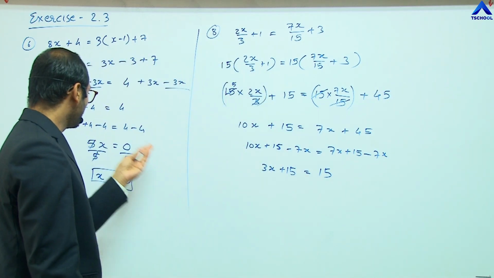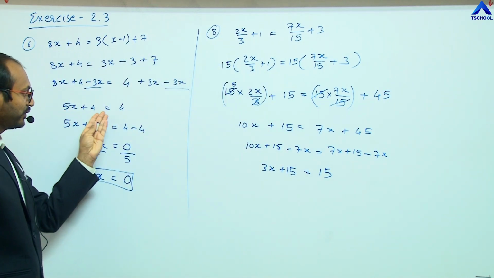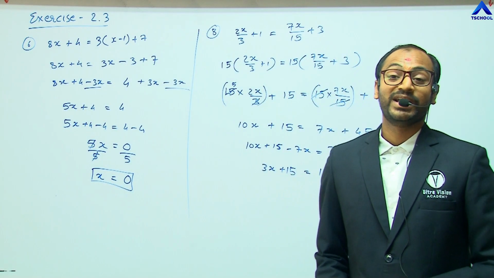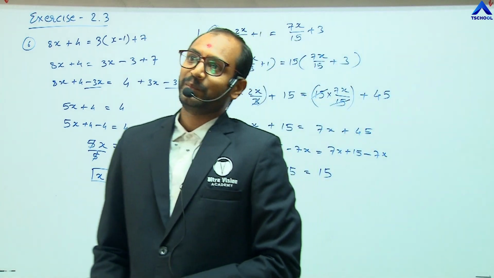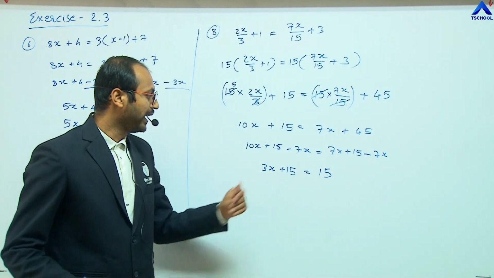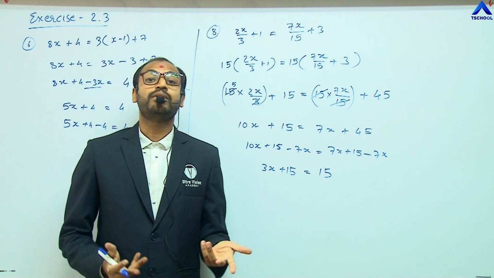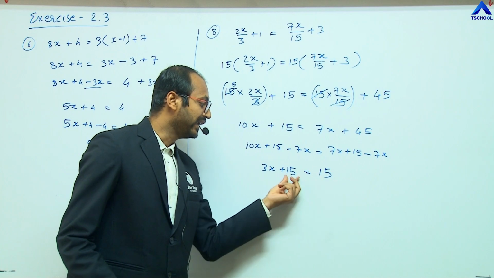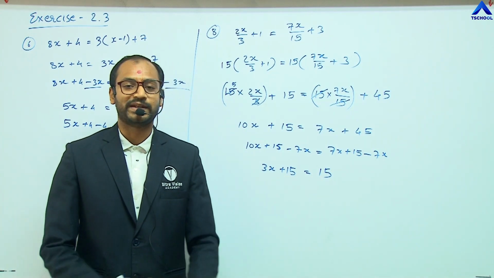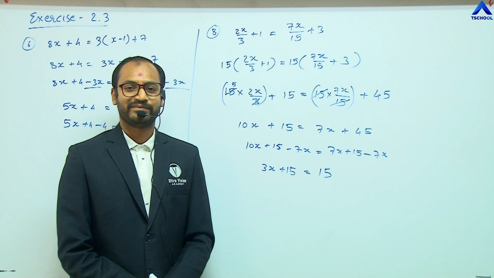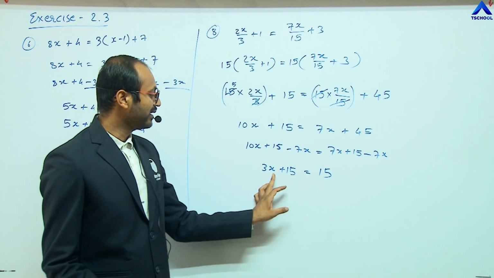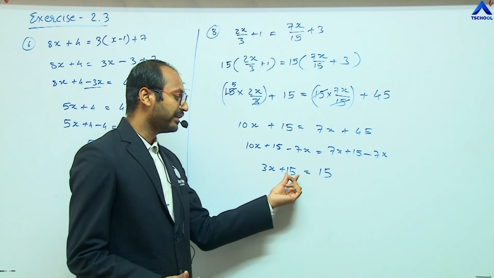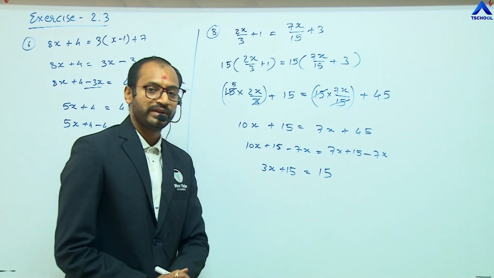Again we get a similar problem like 5x plus 4 equals to 4, 3x plus 15 equals to 15. So simply guess the value of x. For what value of x the right hand side and left hand side became equal? 0. When I put 0 instead of x, then this number became 0 and we get 15 equals to 15.